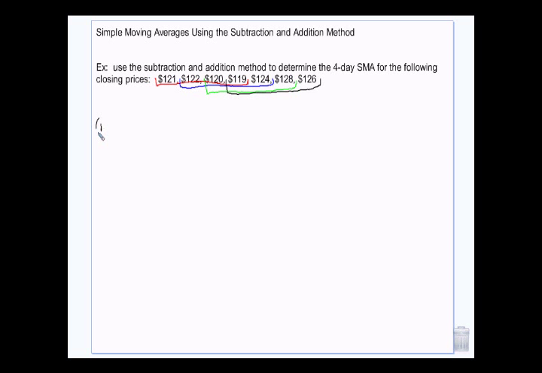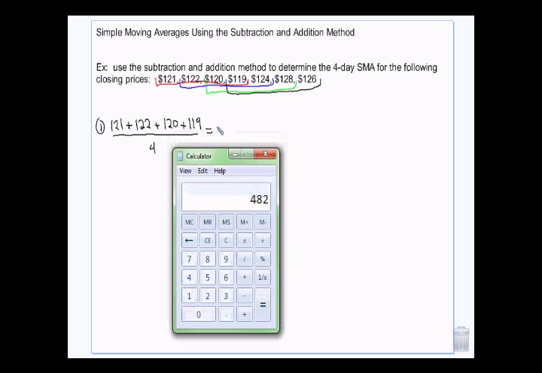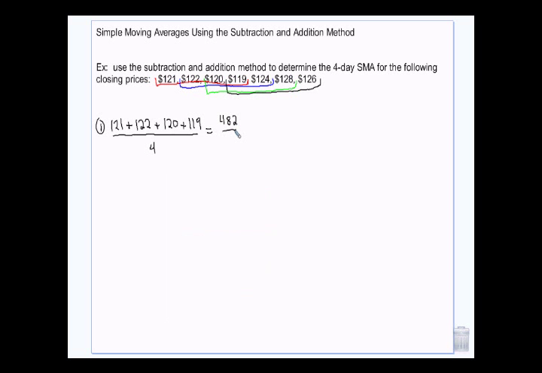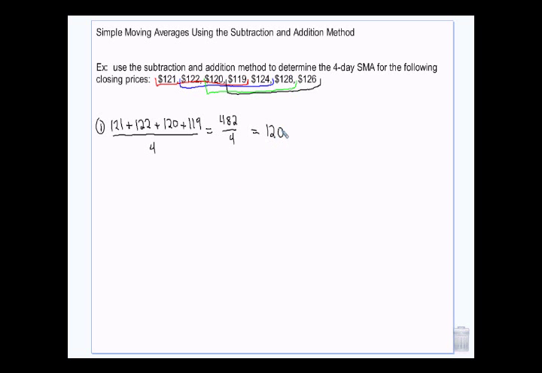So for my first group, what I'm going to do is add all of these numbers together. And I get 482. And I'm going to divide it by 4 to get 120.50.